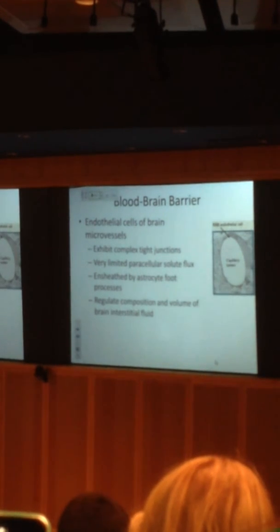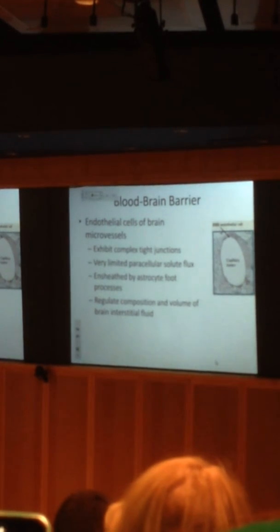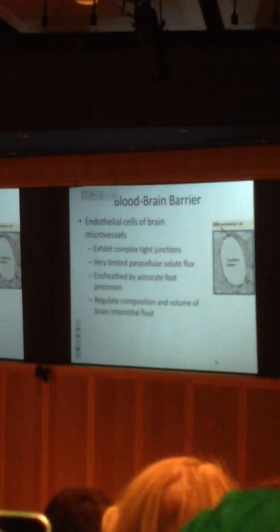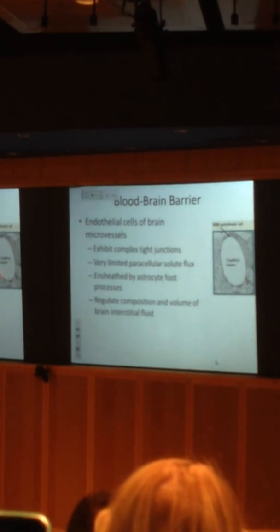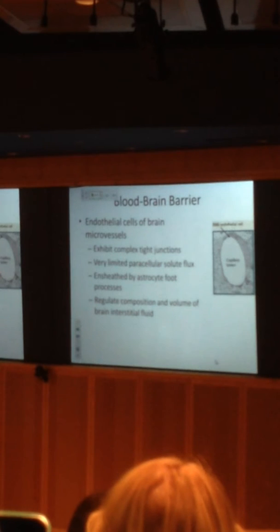As we can see here, the pointer doesn't work very well, but this is the cell body of your endothelium cells. As we said, this encloses the capillary lumen, and you can find the very tight junctions in here. I don't know if you can see it.